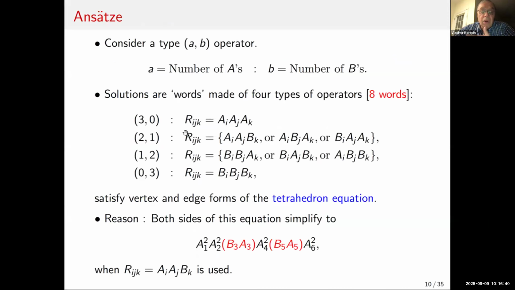This is the R matrix which is supposed to satisfy the tetrahedron equation. Let's try our factorized form, the same matrix in 3 different lattice sites. It does work. It satisfies the tetrahedron equation, kind of a trivial solution again. I can change this. Instead of 3 A's, I can take 2 A's and one B, 2 B's and 1 A, and 3 B's. Each of these satisfies the tetrahedron equation kind of trivially.